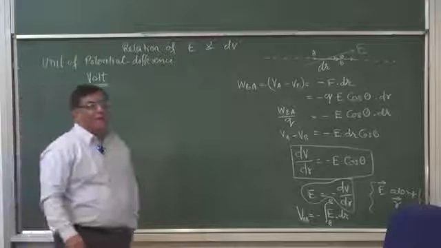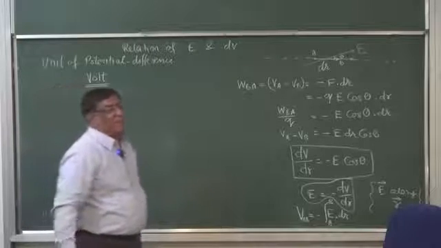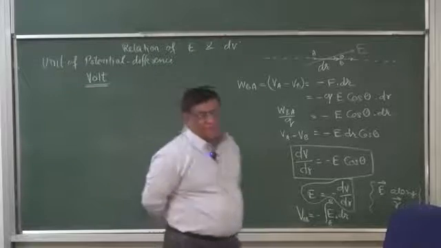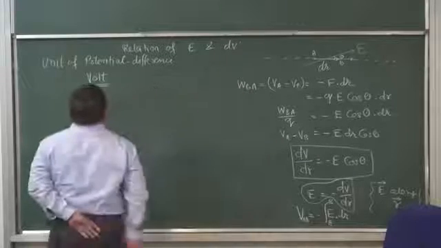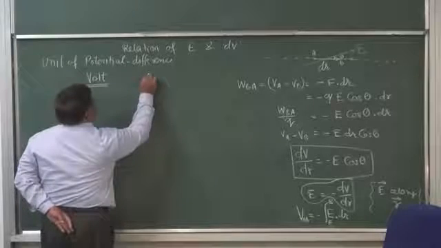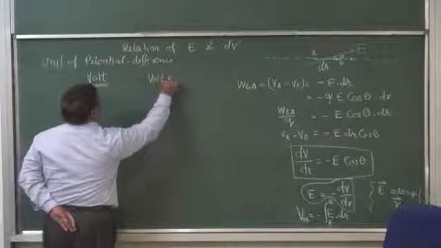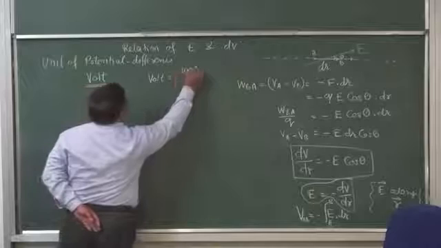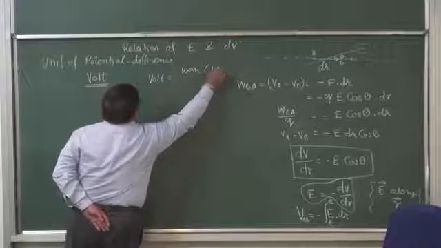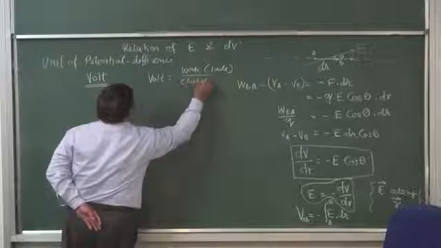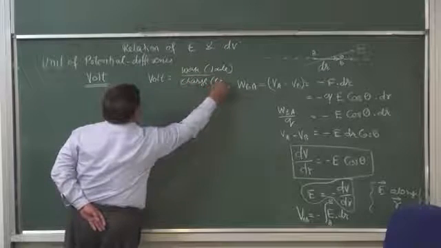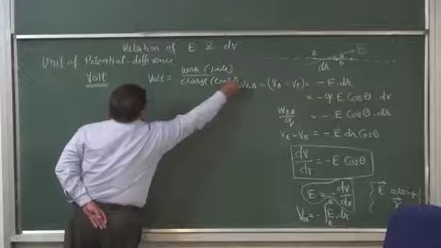Now, how do we define volt? What is 1 volt unit? So we go to the basic potential definition that volt is equal to work per coulomb.